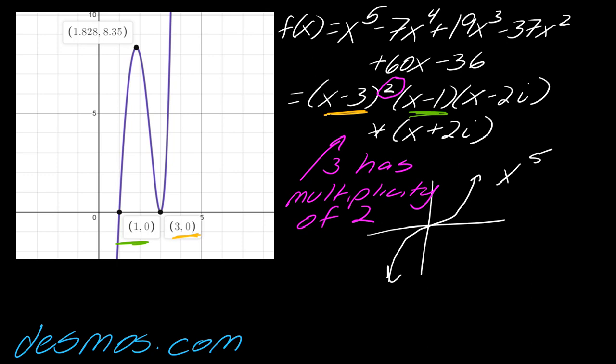And what's really interesting is that at 3, do you notice the micro shape that this graph takes at that zero? At this point, it looks like a parabola. It's kind of mimicking the behavior of a parabola, like what you would expect if I just had x minus 3 squared.